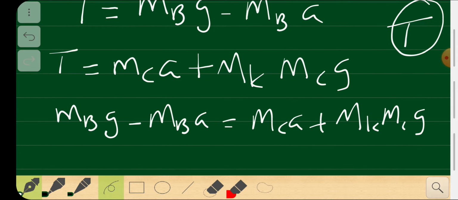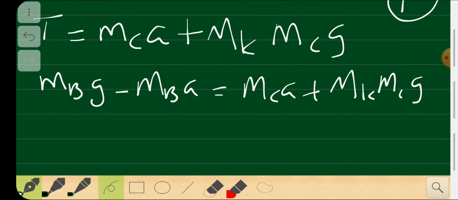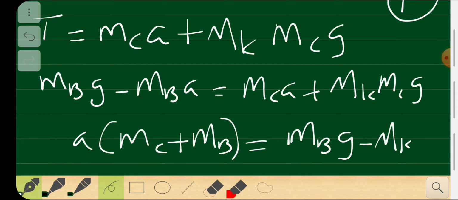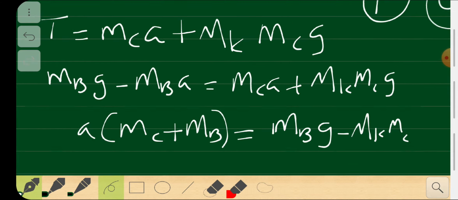So I substituted that, and I'm going to take a as a common factor and move it to the other side. So a times mc plus mb must be equal to mbg minus mu k times mcg.